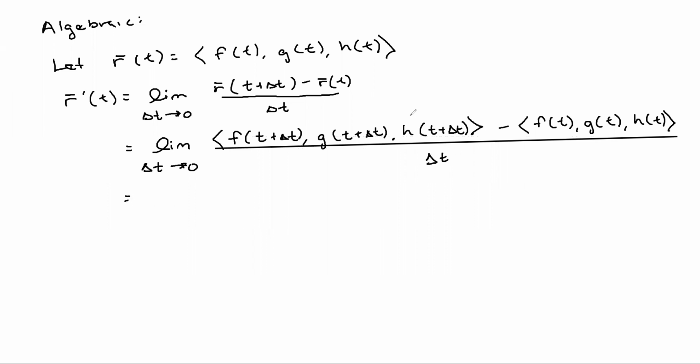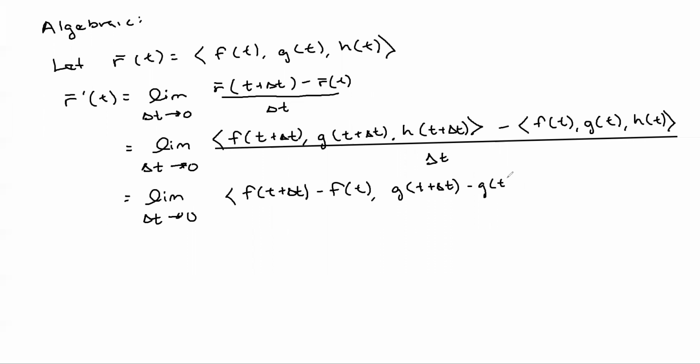And next, if you have the difference between two vectors, to subtract two vectors, you subtract component-wise. So we'll end up with the limit as change in t goes to 0 of f of t plus change in t minus f of t, comma g of t plus change in t minus g of t, and h of t plus change in t minus h of t.